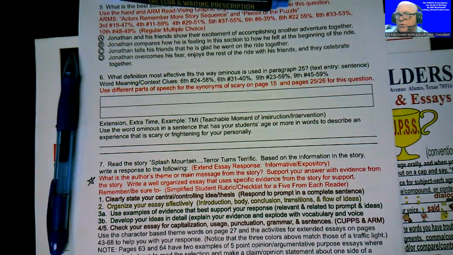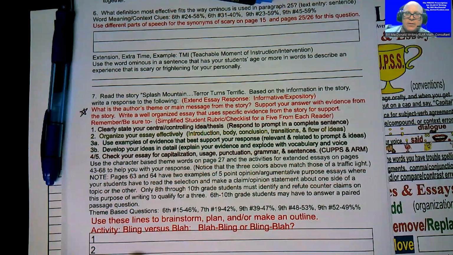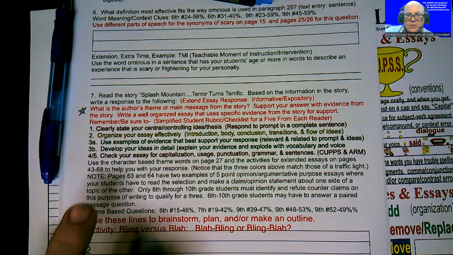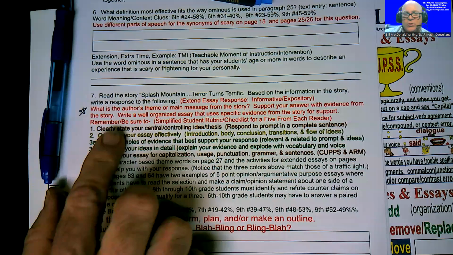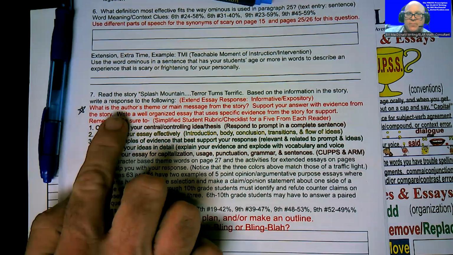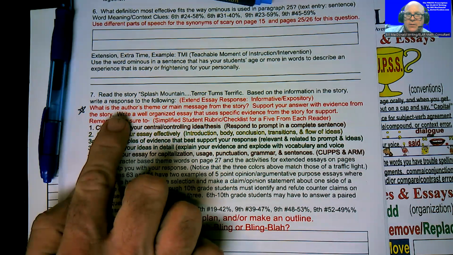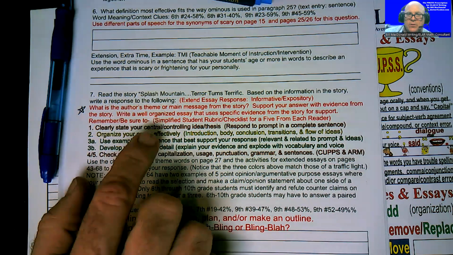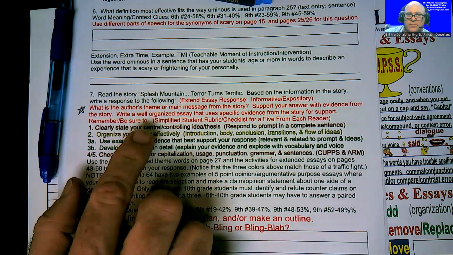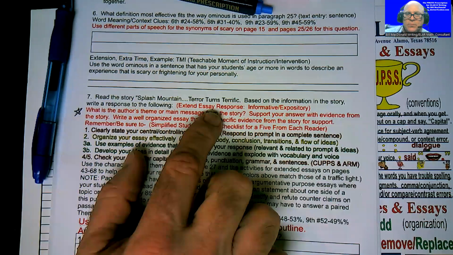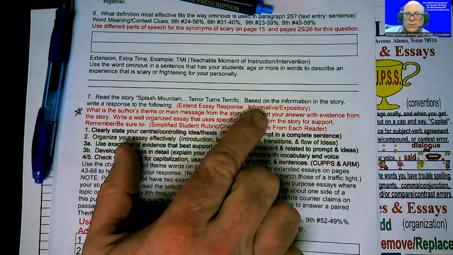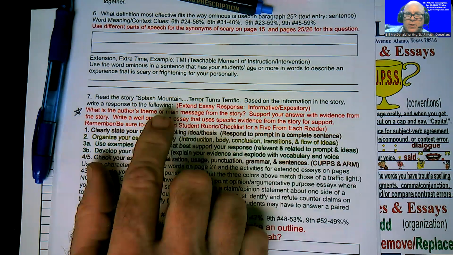So for those of you who have the handout, it's going to be on page 10, question number 7. Okay. And the first thing that your students are going to look for is what purpose it is. And then they're going to look for the prompt.